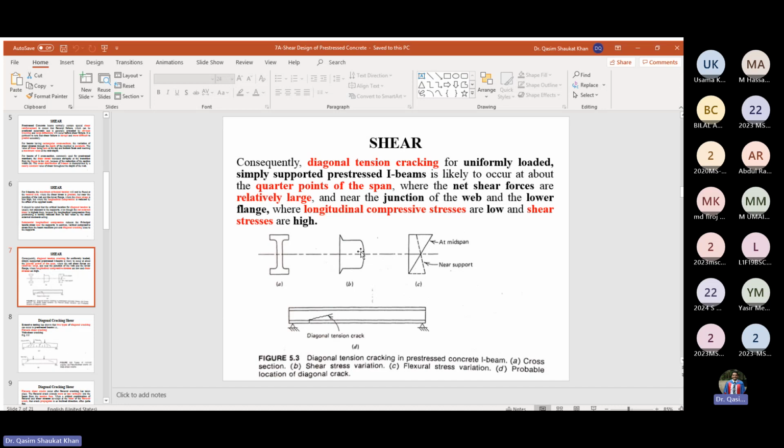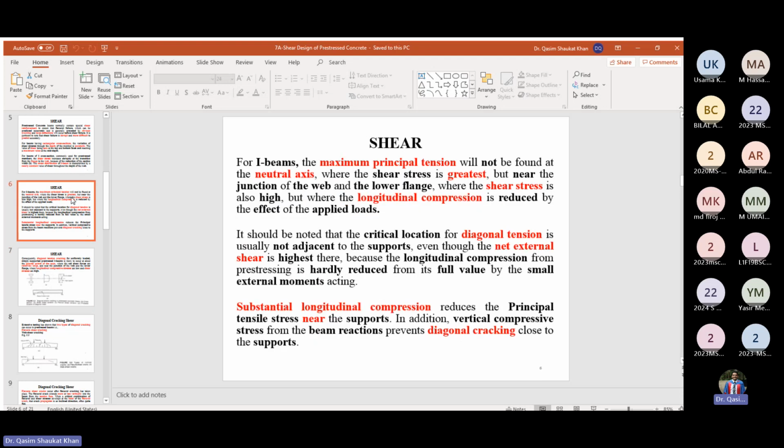So the width of the web part is smaller, so you can see the shear stress is larger, and in the web part the shear should be almost constant, because the width is fixed.